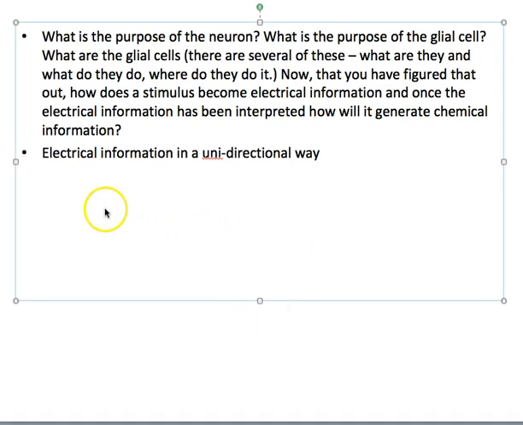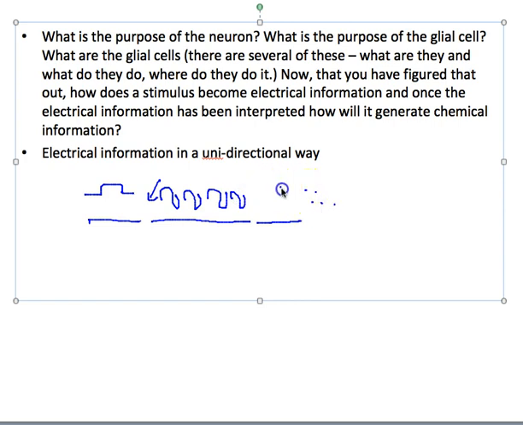Say this line represents the cell body, this line represents the axon itself, and this is the axon terminal. The graded potentials that are summed at the axon hillock become action potentials that travel along the axon, and then this causes the release of neurotransmitter because voltage-gated calcium channels allowed that to happen.